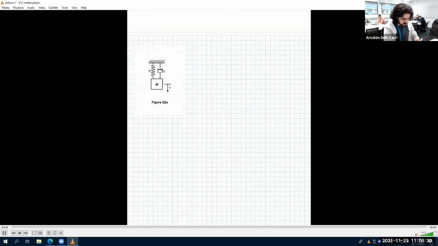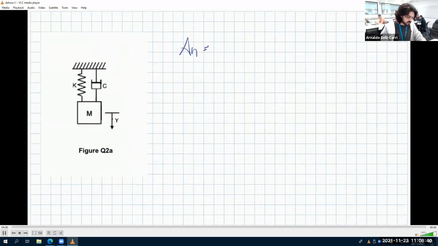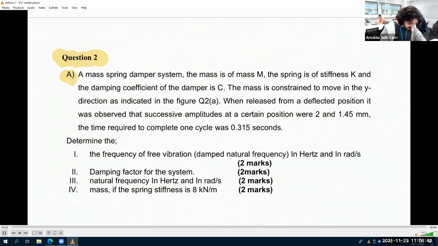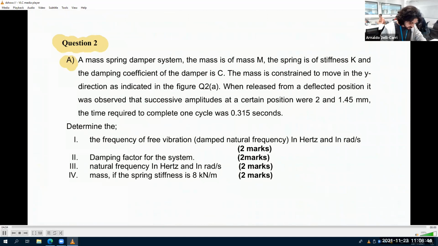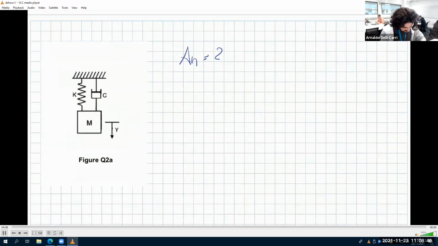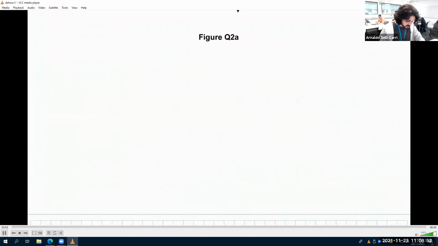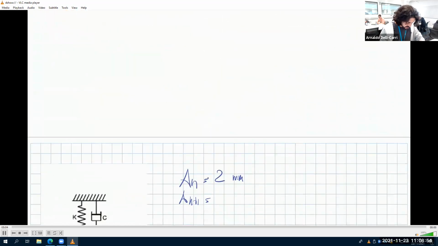So let's put these first in numbers. Say amplitude N was 2 millimeters, and amplitude N plus 1, the successive amplitude, was 1.45 millimeters.